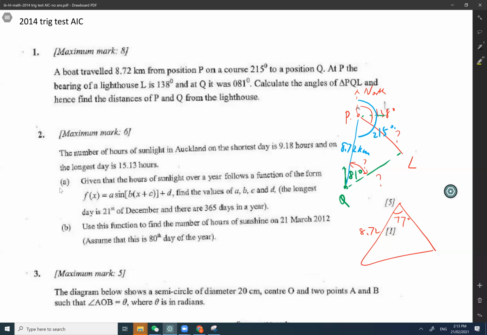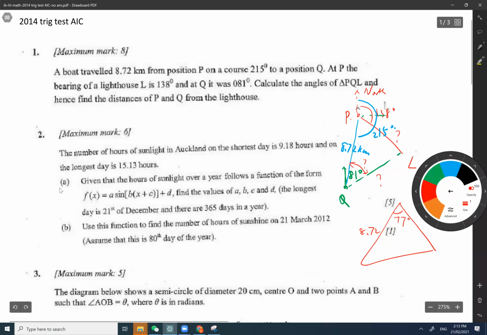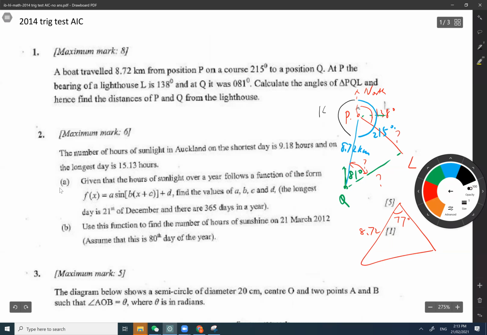And this side 145, 35, 46. Olivia, you understand 46?